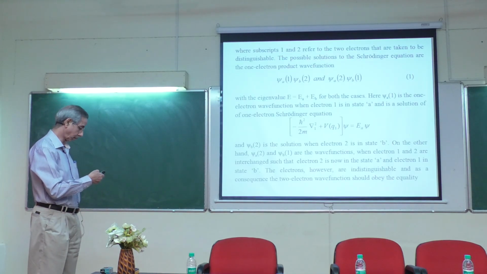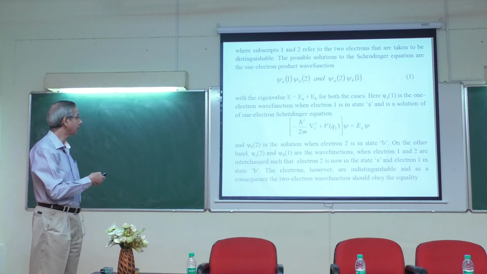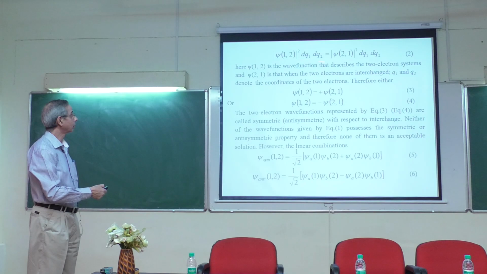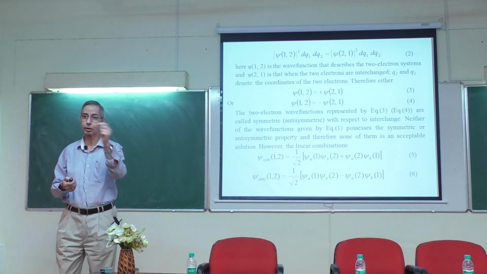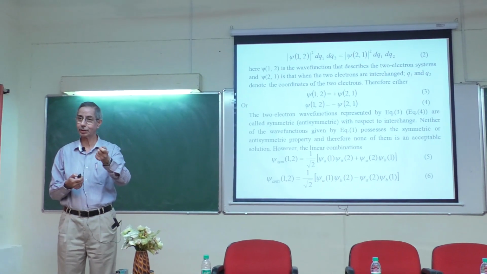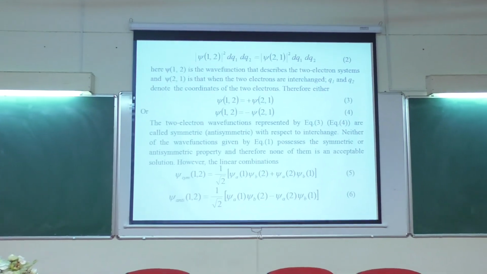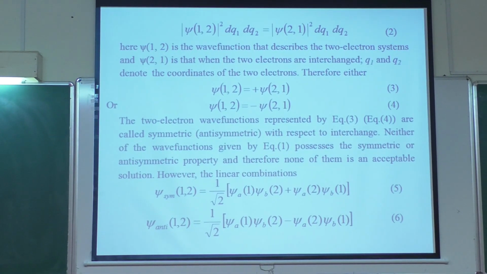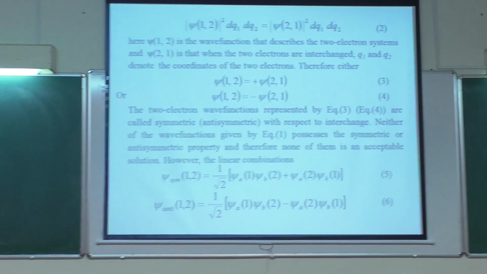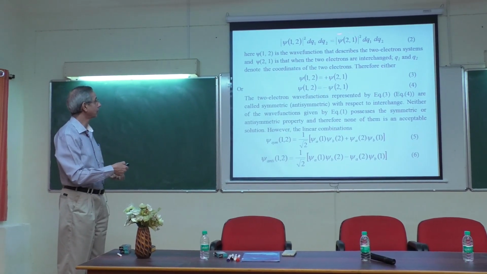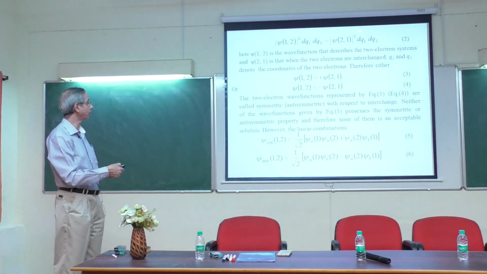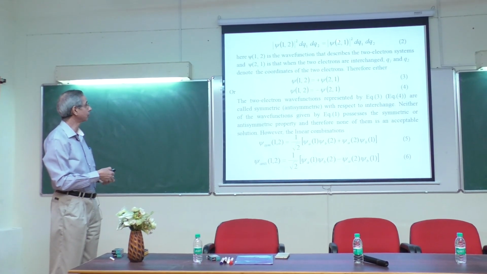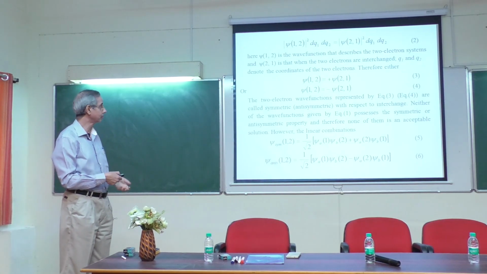Because the probability of finding either electrons 1, 2 or 2, 1, since they are indistinguishable, in a given volume element dq1, dq2, should be conserved. That should remain the same. Once you say that, psi 1,2 is either plus this or minus this; psi 1,2 should be plus or minus psi 2,1.